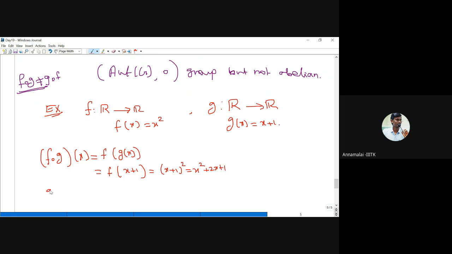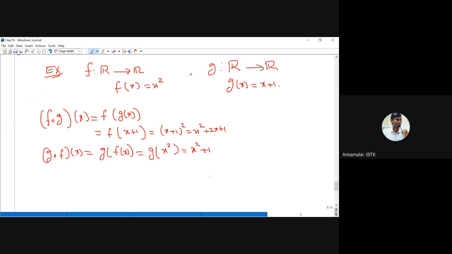Now what is g composition f at a point x? It is g of f of x, so g of x square, which is just x square plus 1. Clearly these two are not equal at a point x, therefore f composition g is not equal to g composition f.